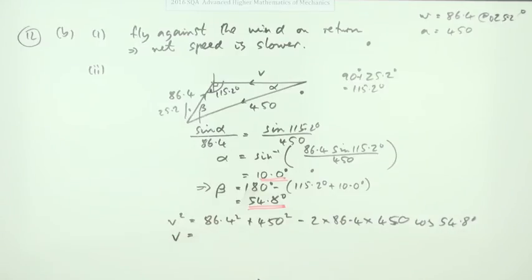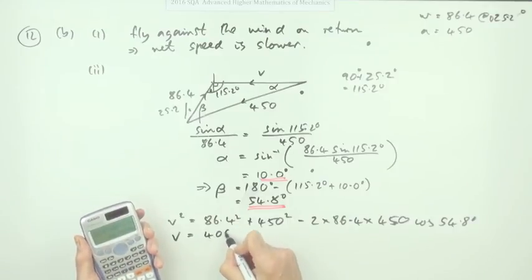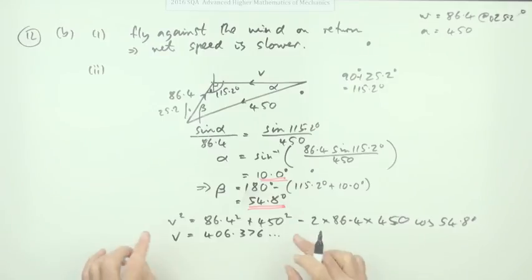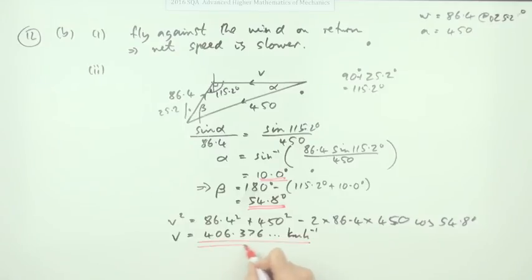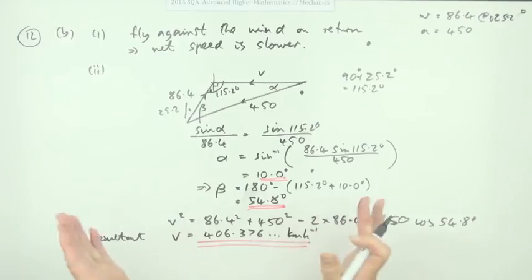Then you take the square root of that, and you get 406.376 and so on, which isn't a final answer, so you could just leave it that way and call that kilometres per hour for the resultant speed. Getting that is worth a mark, and you can round it off if you like, but it's just an intermediate answer, so I'll just keep it like that.